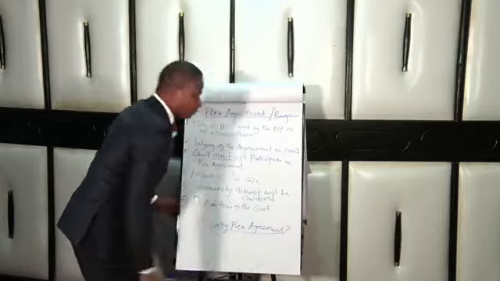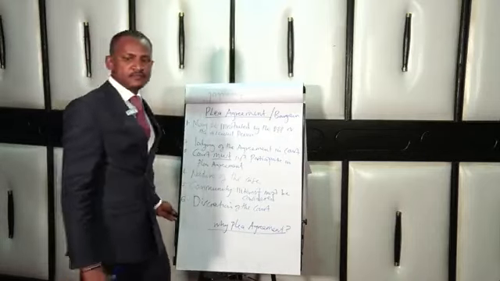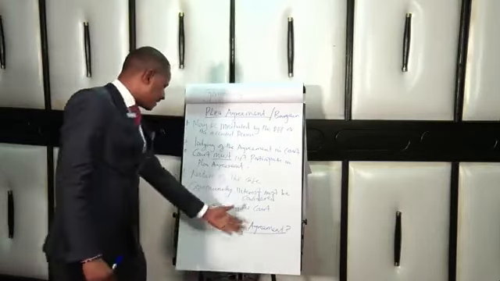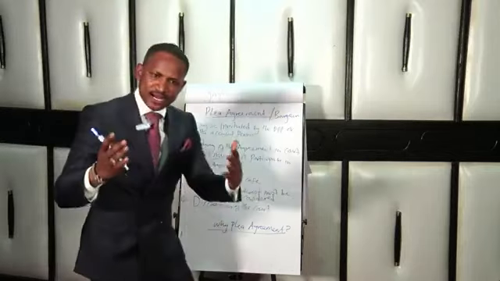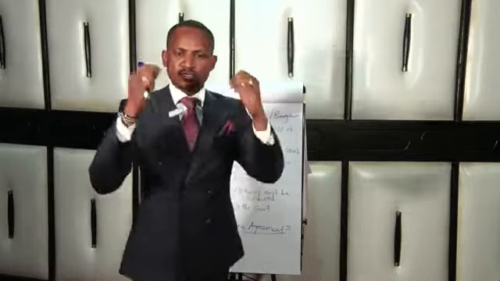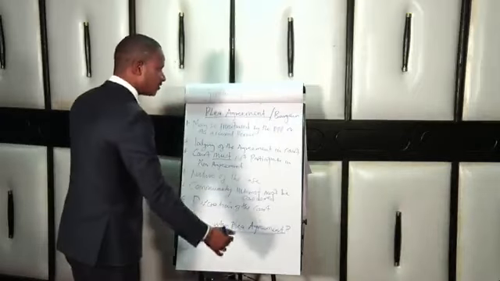Why would an accused person want to be involved in plea agreement? What we call the purpose of the plea agreement. Number one, that the accused person may want his case to be withdrawn. Withdrawal of the case.